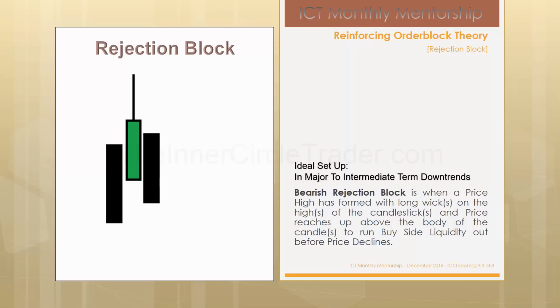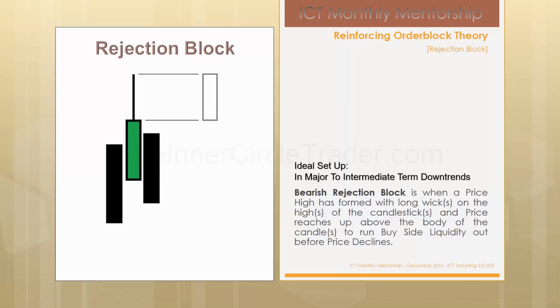When you see the wick, you have to build the parameters for the rejection block by finding the highest high and the highest open or close in the swing high. It does not matter if the highest candle is a bearish or bullish closed candle. You're still looking for the highest high with the highest open or closing price into the highest wick that frames the rejection block.